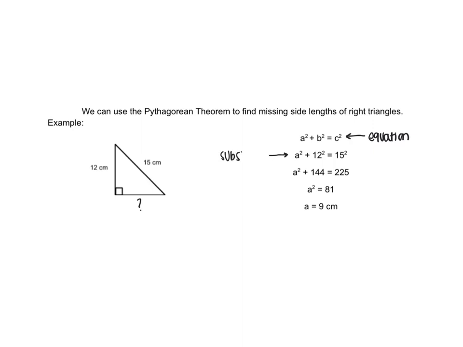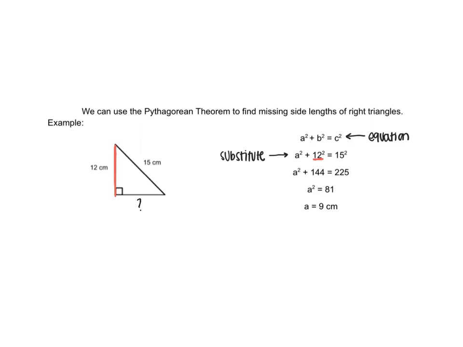The next thing we did is we substituted in what we know. Just like equations, when we were writing them ourselves, we're going to substitute in what we know, so we're down to one variable. We know that 12 can replace B because it's a leg in our right triangle.